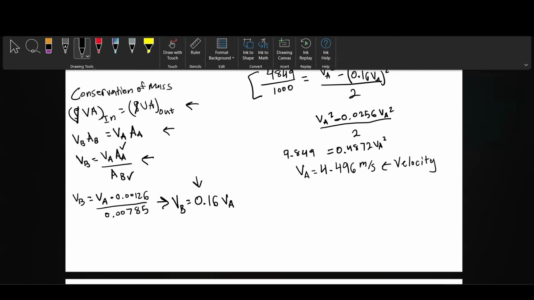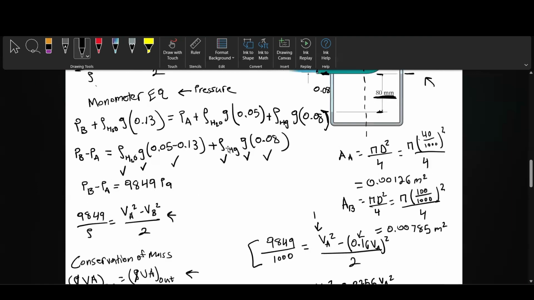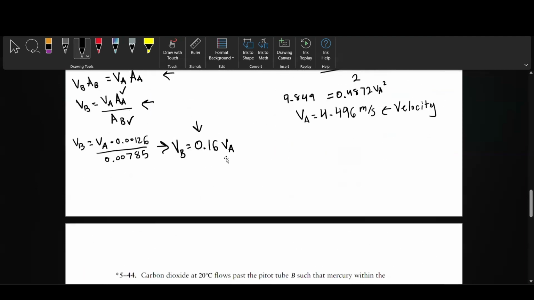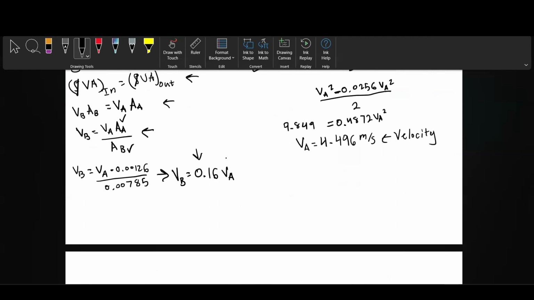And we're being asked to find volumetric flow. So if you remember volumetric flow, Q equals VA. So we know area, we know velocity, so we can find volumetric flow.